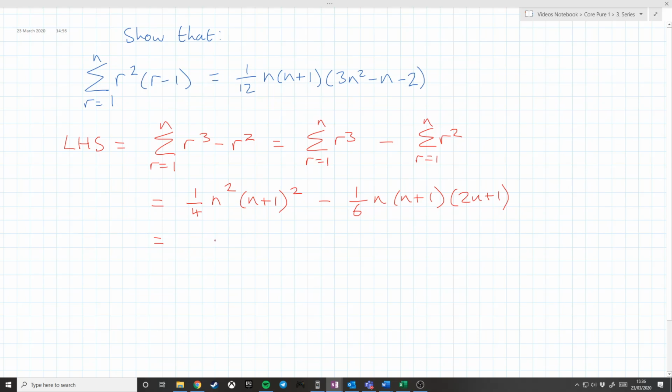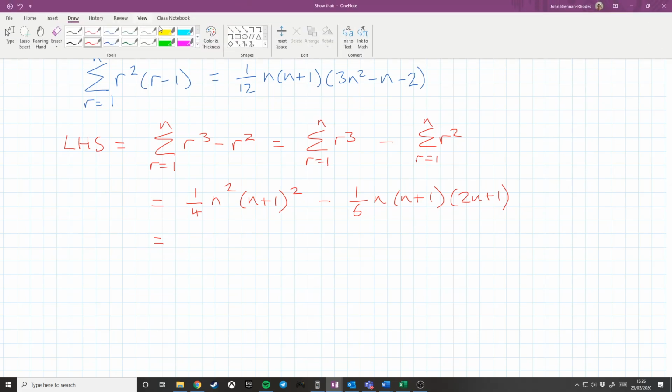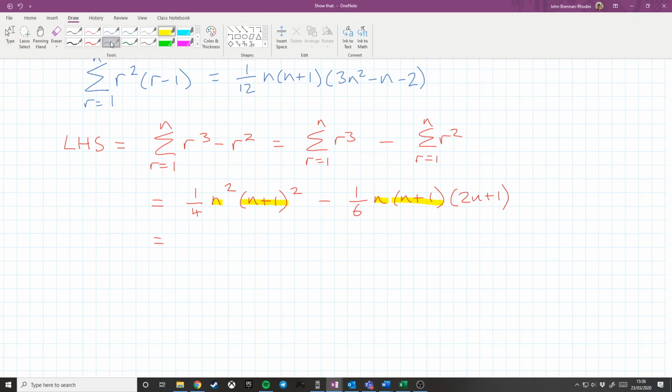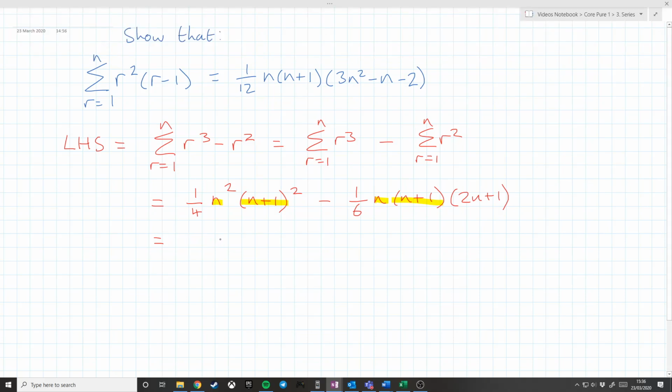So I can then see what are the common factors. Well, n, but just one of those in the first one, and n plus 1, just one of them in the first one. So I'm going to factorize out that.